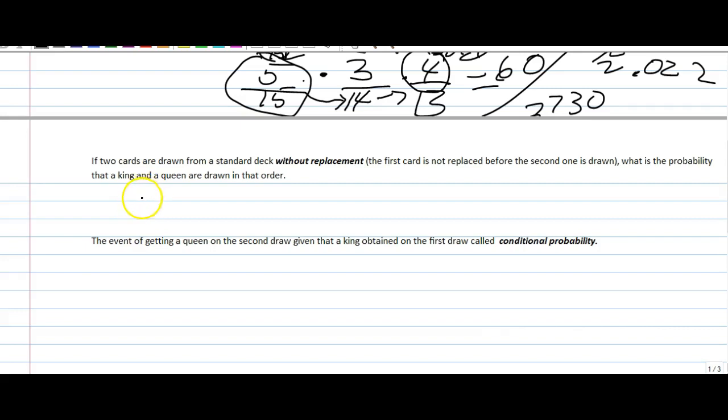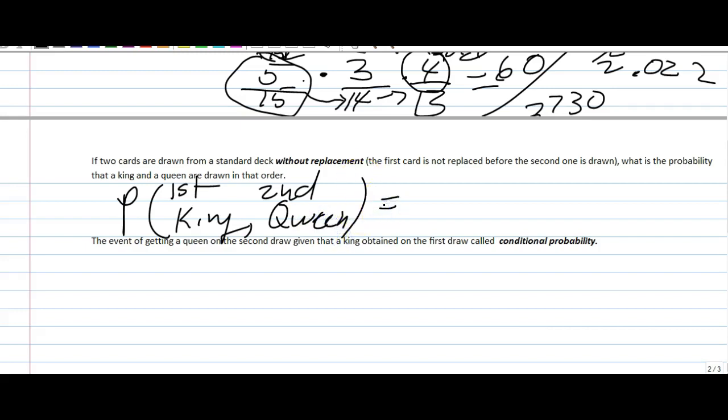So here we want to determine the probability of drawing a king on the first draw and a queen on the second draw if we draw 2 cards at random without replacement, meaning we're not going to replace the first card before we draw the second card.